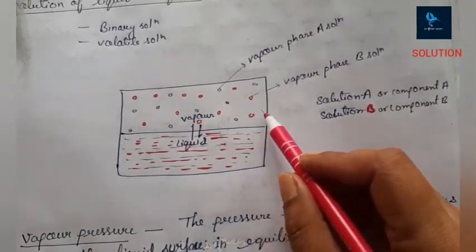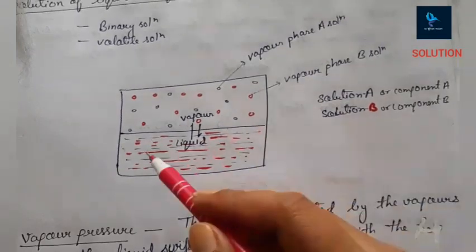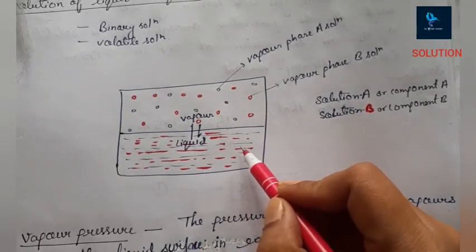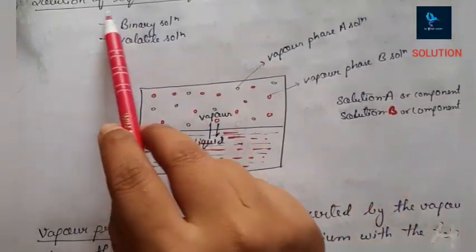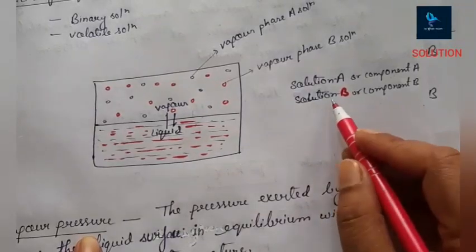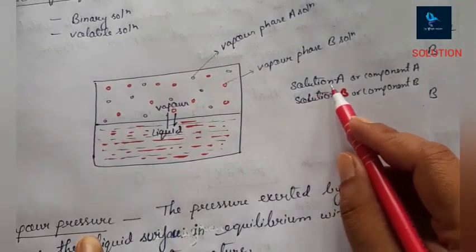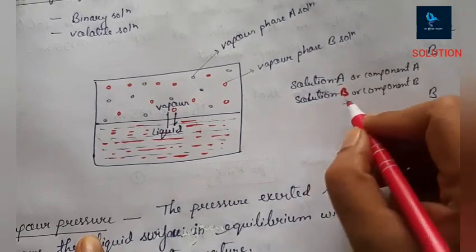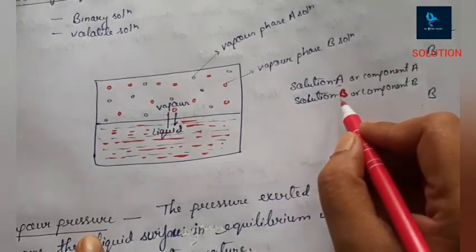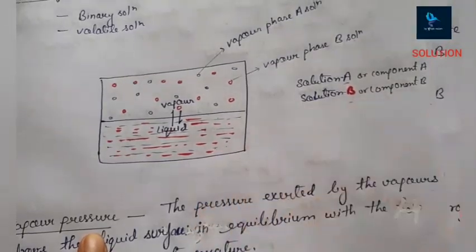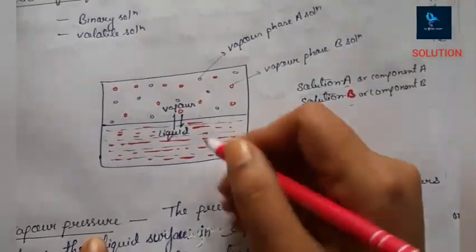Here I am taking a container with two liquid components, because I am talking about solutions of liquid in liquid. The first is named A and the second is named B. When we mix both, we get the mixture or solution.